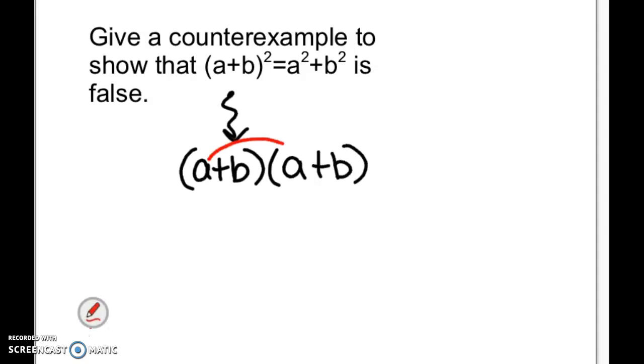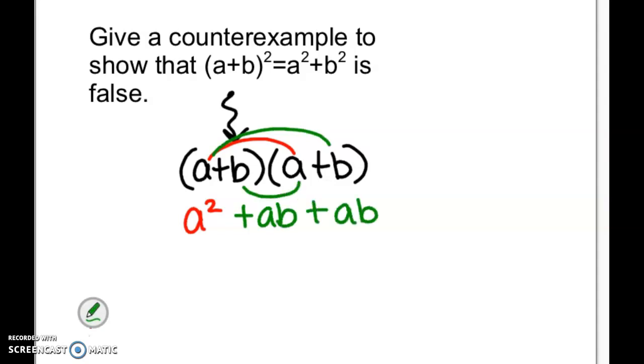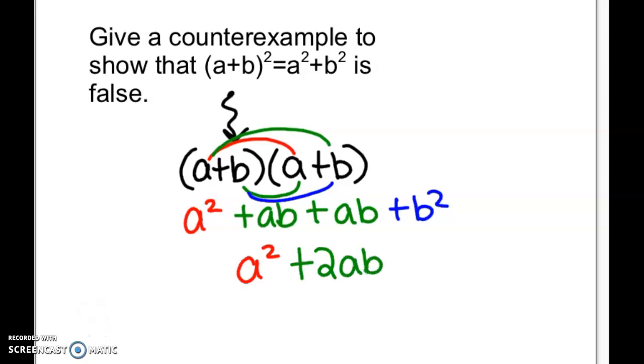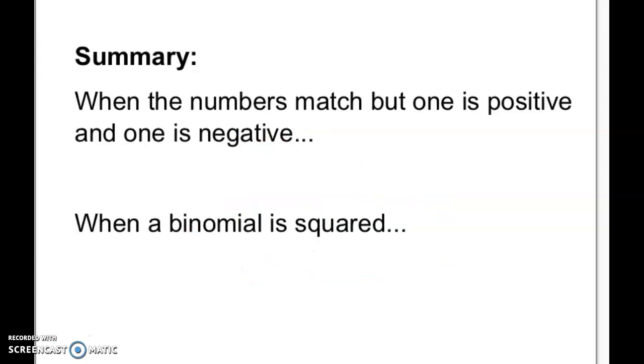We go ahead and go first. That's a squared. Outside plus ab, inside plus, and I'm going to write the a first, ba is the same as ab, and then the last, b squared. If you simply try to square the first and the last term, you are missing this middle ab term. So don't forget about the middle, and make sure that you rewrite it first and distribute.